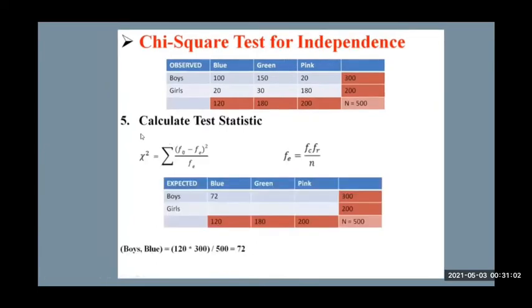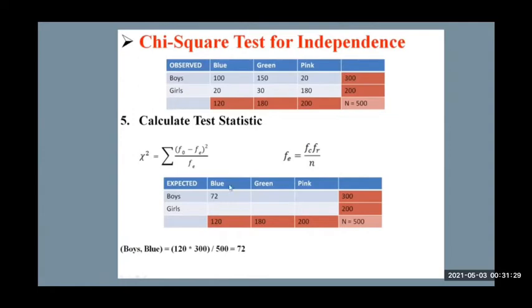And here we are going to calculate our data. So this is again our formula. Here it will be like this, boys blue: 120 multiplied by 300, divided by 500, and we're going to have 72.